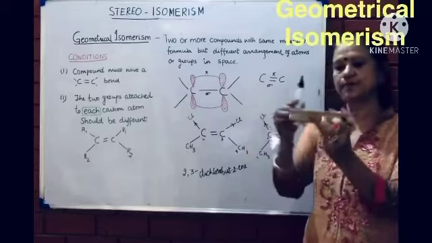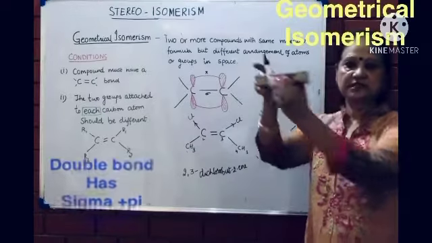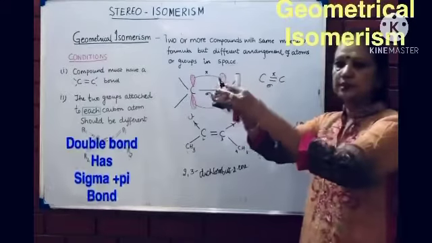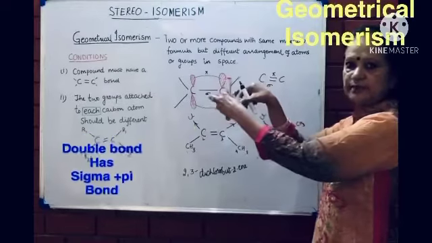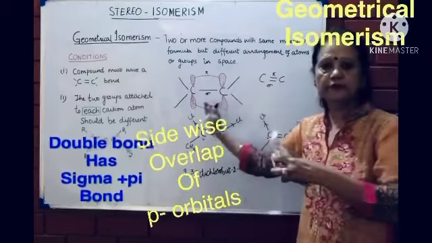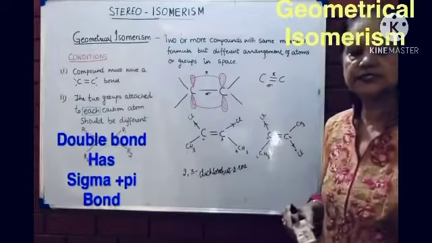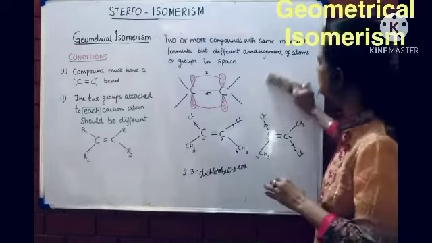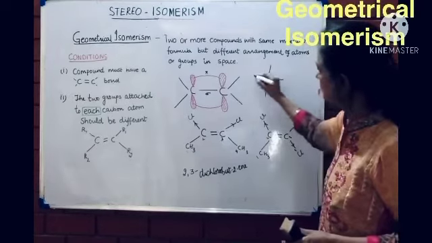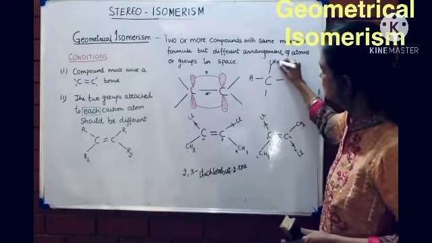So there are two p orbitals, above the plane and below the plane, and they are overlapping from top and from below. Now, suppose I have a single bond compound which has groups like this.